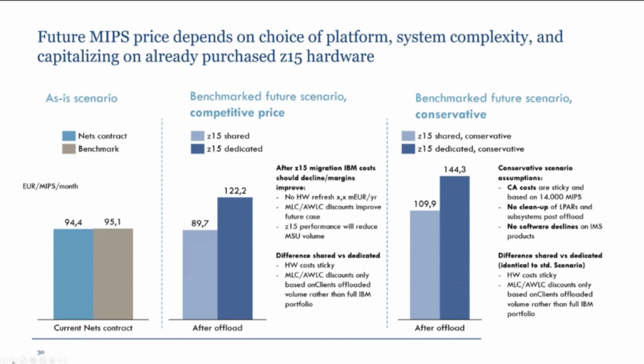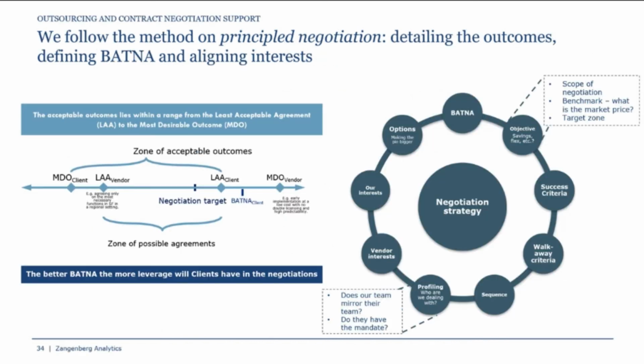So basically, a final note here is that be aware that there is quite a lot of key questions to clarify. Make sure you are having an objective discussion around this, and make sure that you have a well-prepared negotiation strategy where you know what the objectives are, what the success criteria are, and so on.